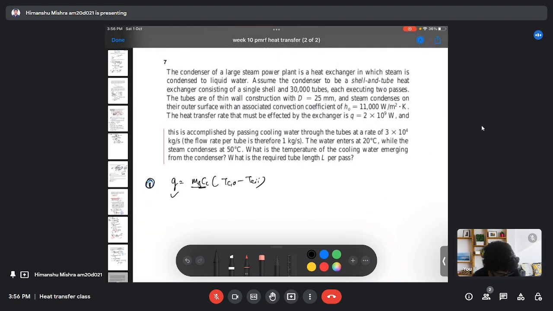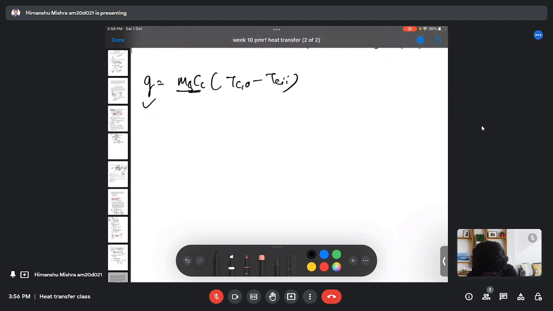My heat transfer is given as 2 times 10 to the power 9 and my mass flow rate is given as 3 times 10 to the power 4, and I need to find the outlet temperature of this fluid.